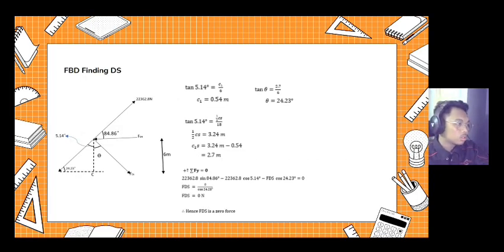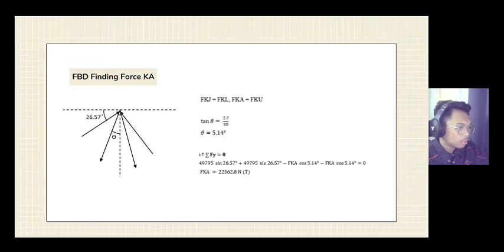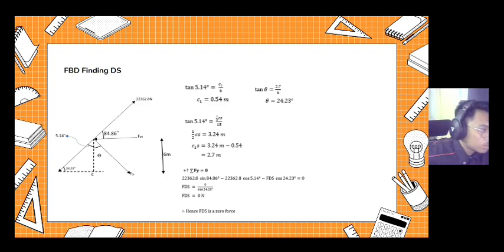So we just calculate that. We know theta for FKJ. So next we just use tan 5.14 equal to C1 per 6.